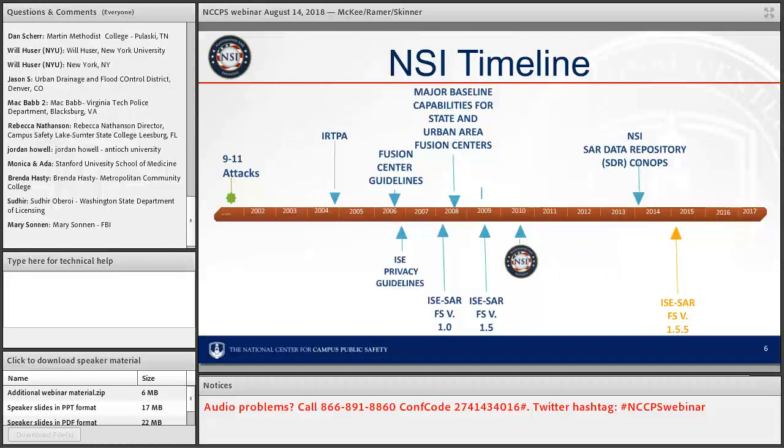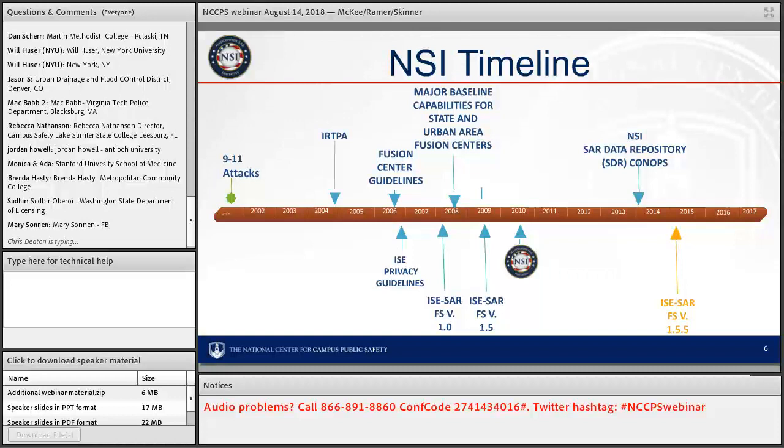So in 2004, Congress passed a law called the Intelligence Reform and Terrorism Prevention Act, otherwise known as IRTPA by its acronym, to try to address a lot of those issues. And in the information sharing arena, they did a number of things. They reorganized the national intelligence community, created the Director of National Intelligence, and they created this office called the Information Sharing Environment.